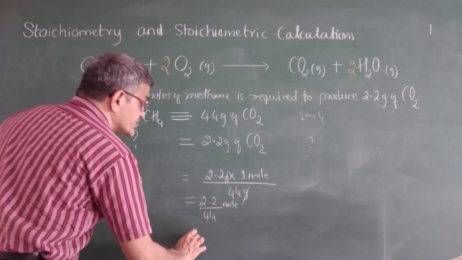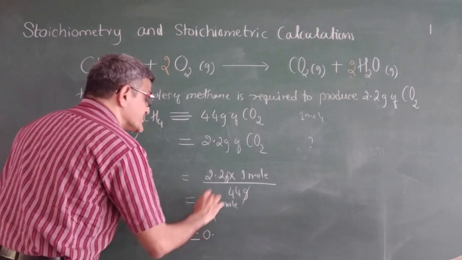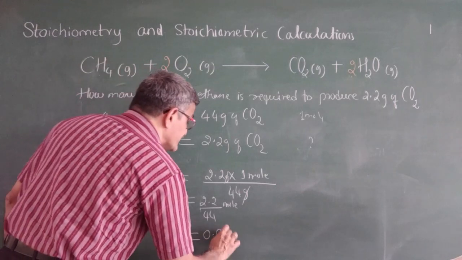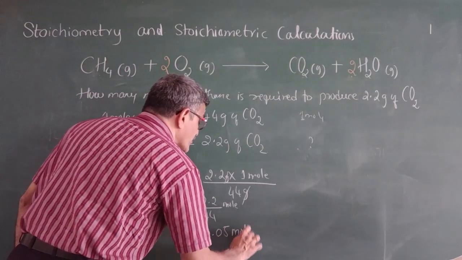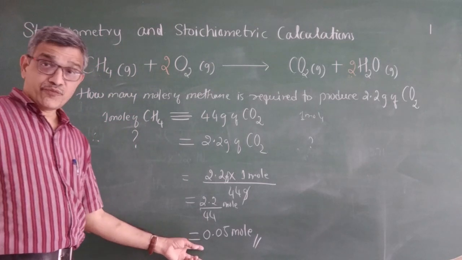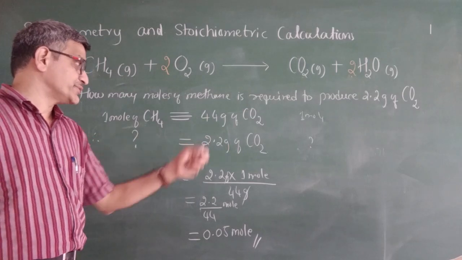So this corresponds to 0.05 mole. This much is required to produce 2.2 grams.